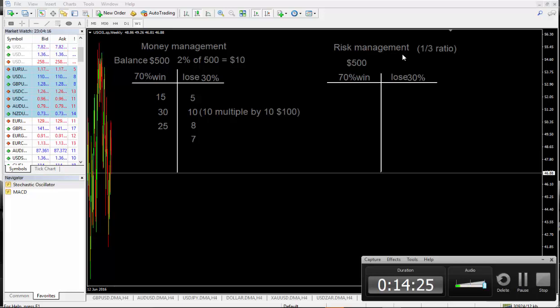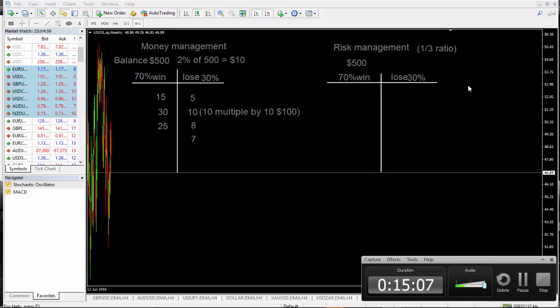Now, risk management. Remember, now we are risking $10 to gain $30, right? If we happen to get a drawdown or a losing streak of 10 trades in a row, we will lose $100, because we've risked $10 and we've had 10 negative trades. Now, with the risk to reward ratio of 1:3, what do you think will happen if we win 10 trades in a row?